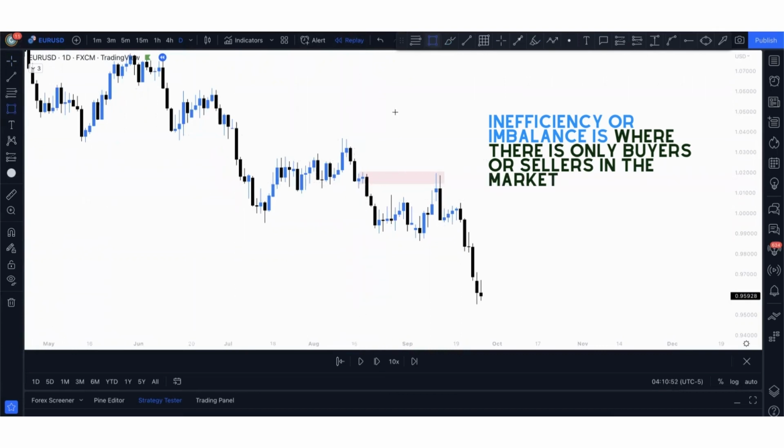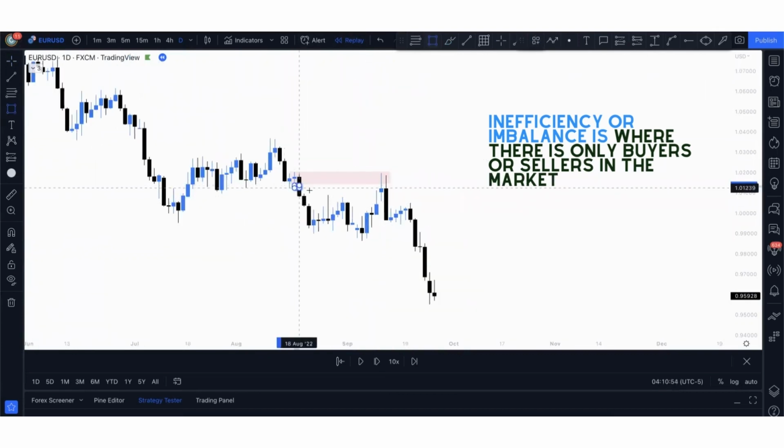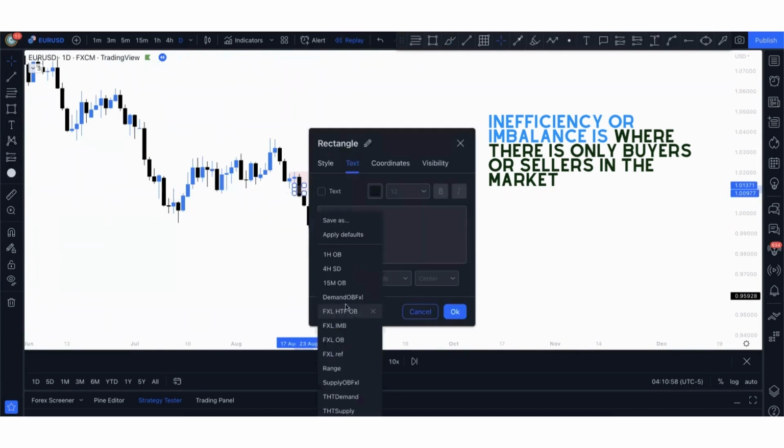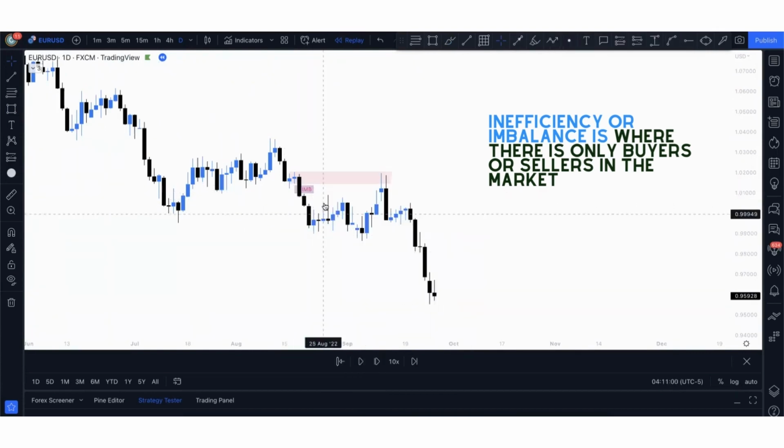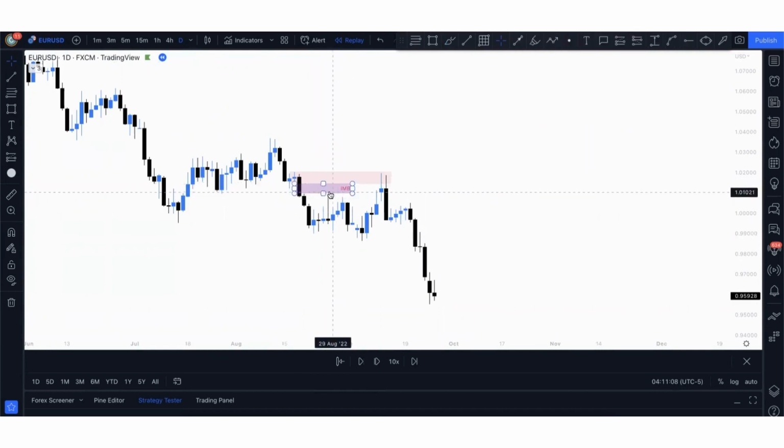So let me show you. This is an inefficiency where sellers are in control only. All of the sellers are here taking trades and placing sell orders. So price might go up here and fill this inefficiency and test this order block.